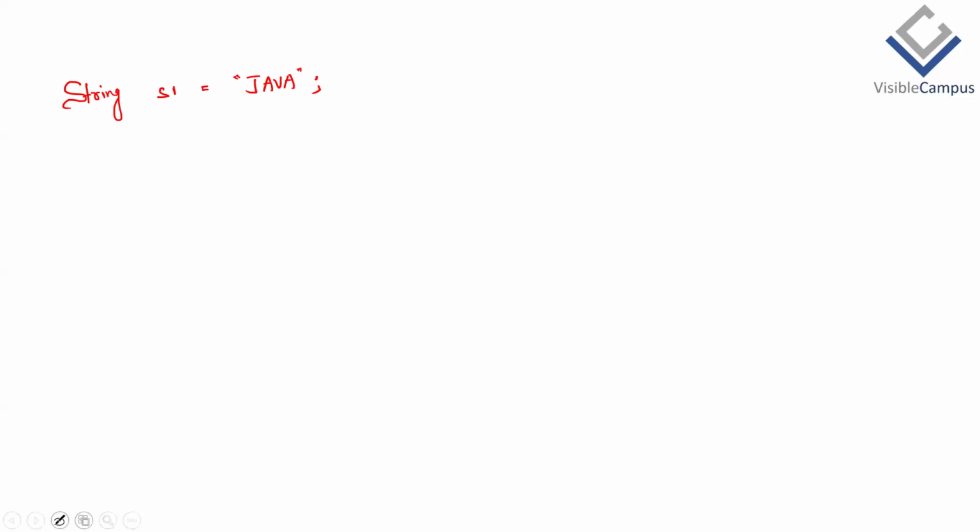When it comes to a class, can we create an object? Yes, we can create the object. So the second approach is class name String, object reference name of programmer choice, new keyword, then the same class name String once again, then in double quotes I can take something like James Gosling. These are the two different ways that we can declare a string object.